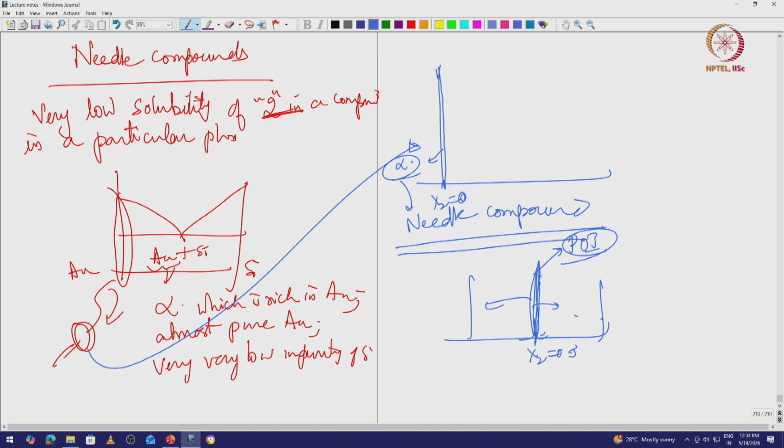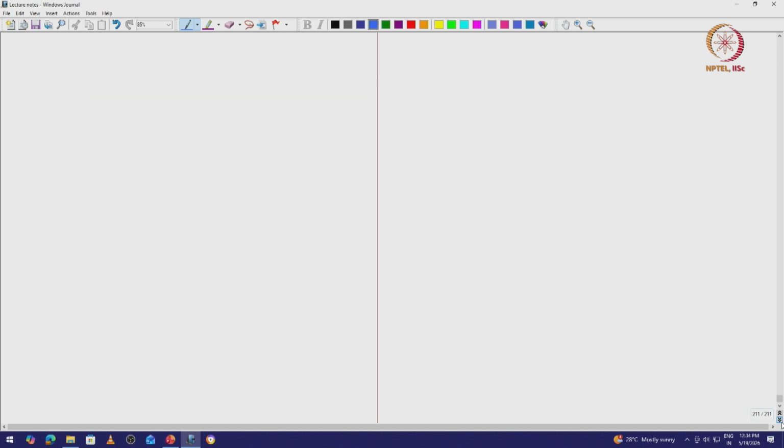Okay, fine. Now let us do a couple of quick problems. If I look at delta G mix as a function of X2 of the needle compound, the needle compound does not really show any solubility of X2. It is very much rich in one component, and so this is how it is going to look, a very narrow delta G mix.